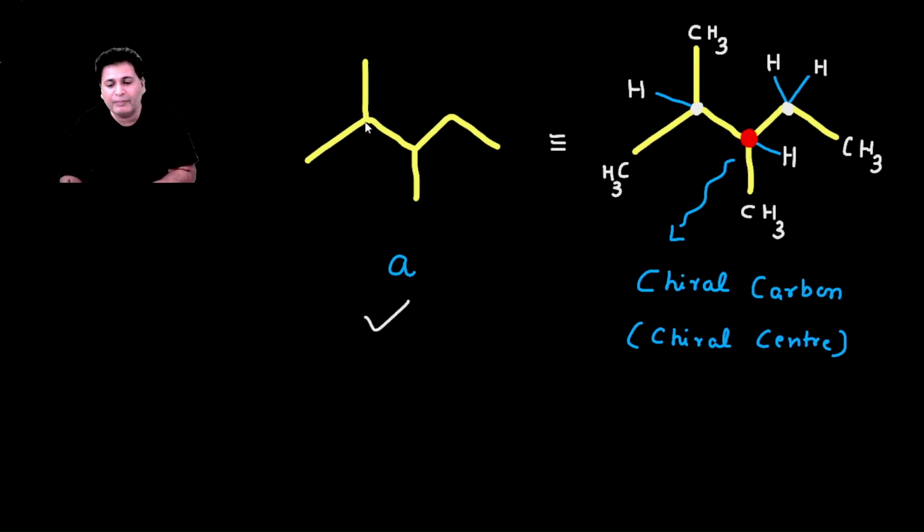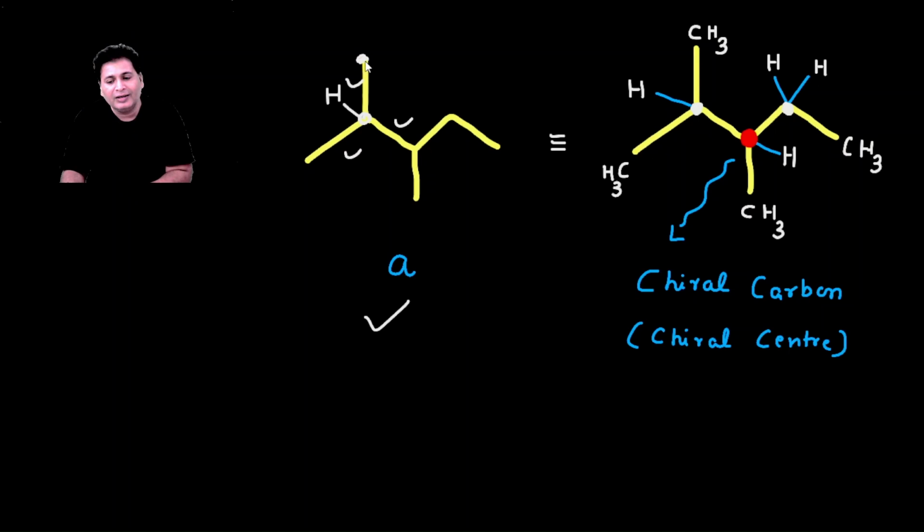For example, you see this carbon. 3 bonds are shown, 1, 2, 3, and you know that all the carbons make 4 bonds. So in a bond line diagram, to complete the 4 bonds, the missing bond must be satisfied by hydrogen. So 3 are already there, 1 is missing, so you should complete it with 1 hydrogen.